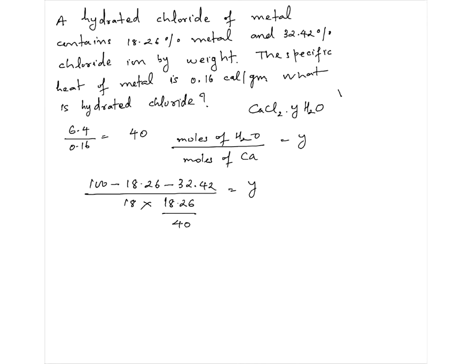Here is another case in which specific heat of metal is given. A hydrated chloride of metal contains 18.26% metal and 32.42% chloride ion by weight. The specific heat of metal is given. What is this hydrated chloride?